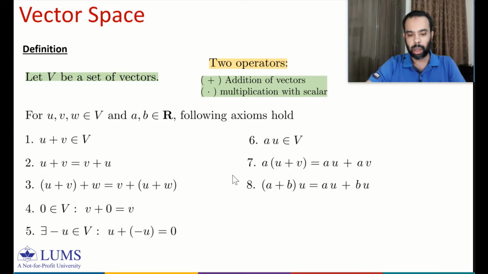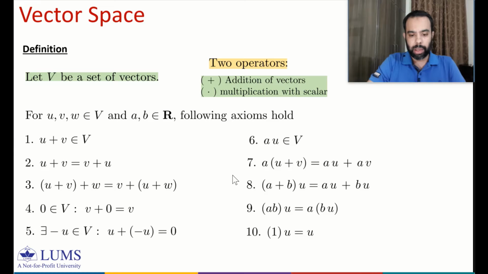So we have addition of scalar numbers first and then multiplication with a vector, which is equivalent to scaling vectors by scalars and then adding those two vectors. The ninth axiom would be ab times u, which is equivalent to a times bu. So multiplication by scalars is associative.